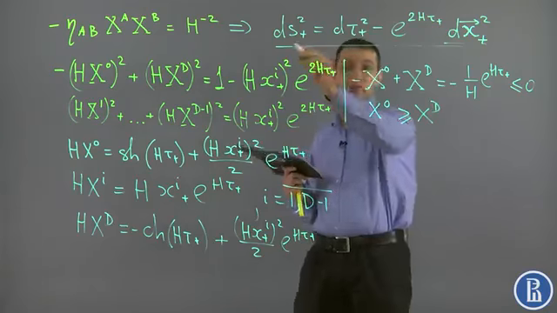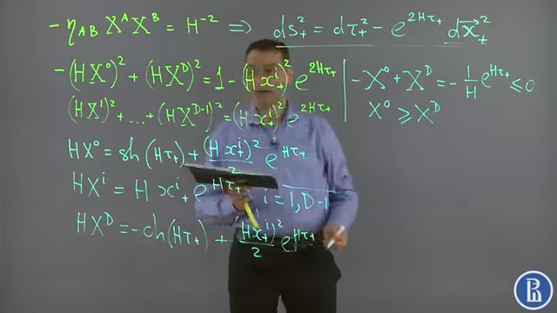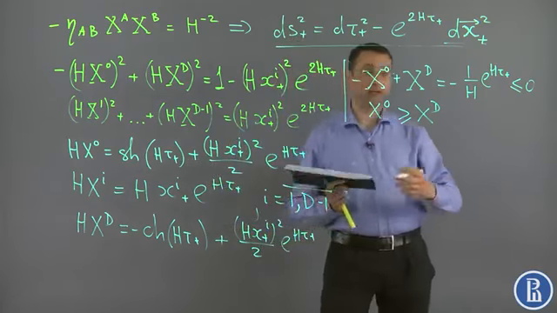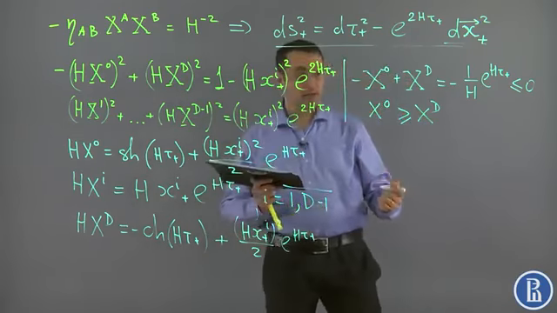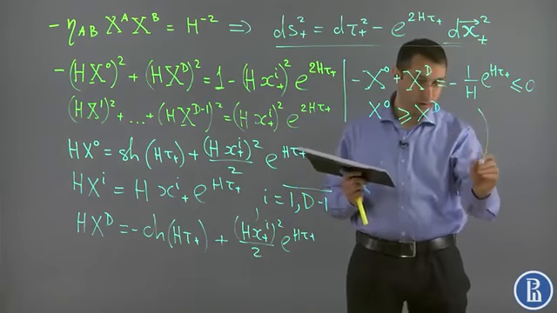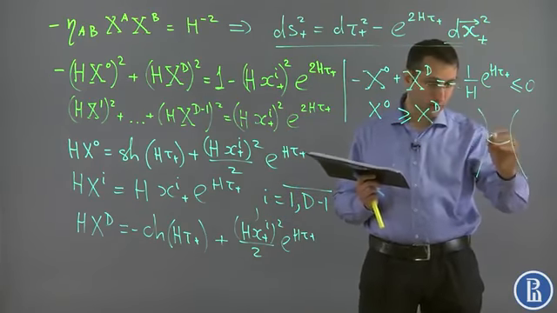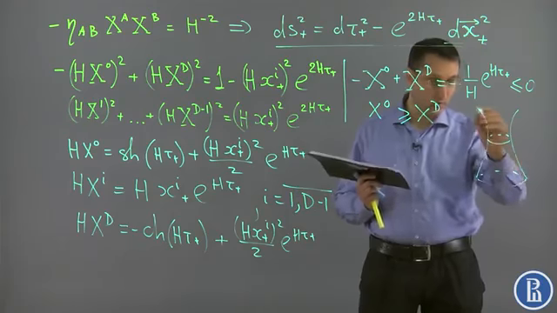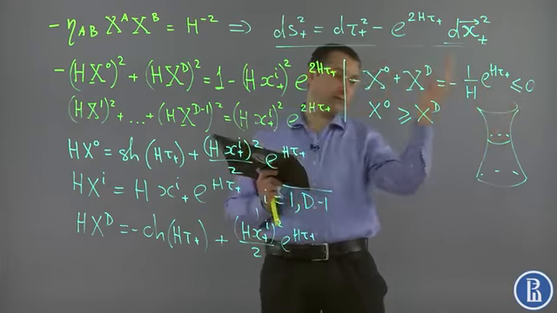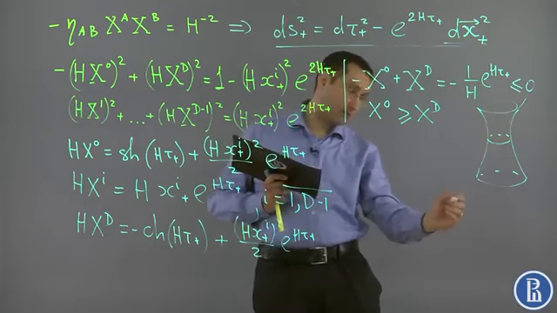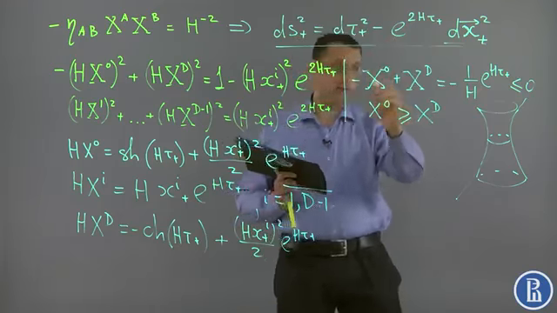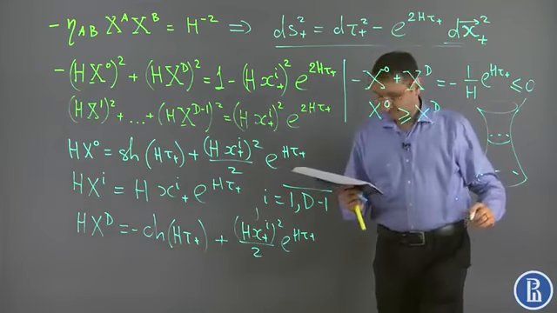So these coordinates do not cover the entire space, unlike the previous coordinates which we have been considering. They are called global coordinates and they cover the entire de Sitter space, the entire hyperboloid. These coordinates cover only half of it. So if those coordinates were covering all of this hyperboloid, these coordinates cover only the upper half of it. Like we have to cut it by a plane like this, and these coordinates cover only that half.